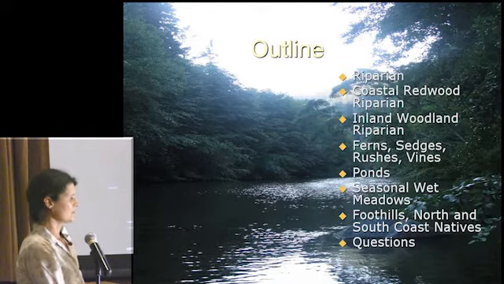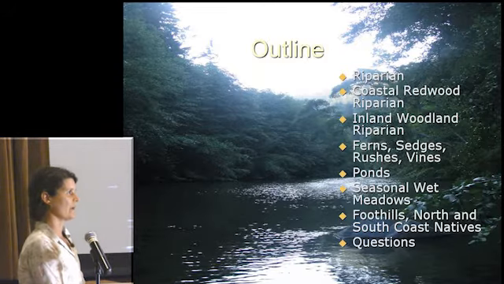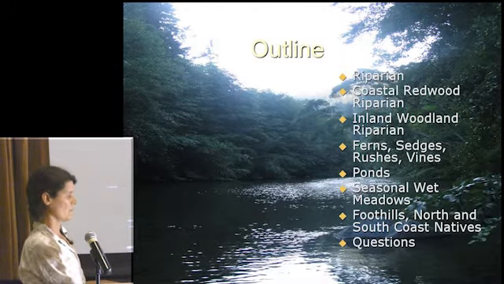I've divided it into coastal redwood riparian, where you get quite an array of different plants in that community than like an inland. I'm calling it inland woodland, but you can get inland woodland also near the coast. They just seem to be more open and have different trees than with the sequoias.